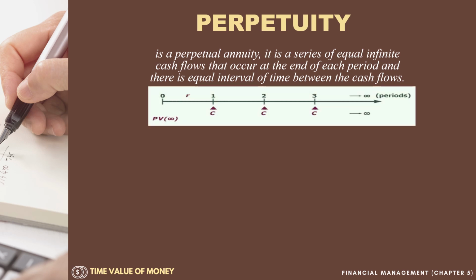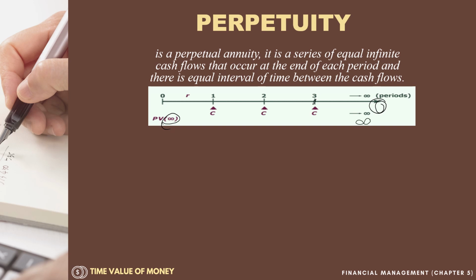As you can see in the timeline, the cash flow is represented as infinite. Unlike the annuity and the lump sum, which have an endpoint, like year 3, here it is infinite.